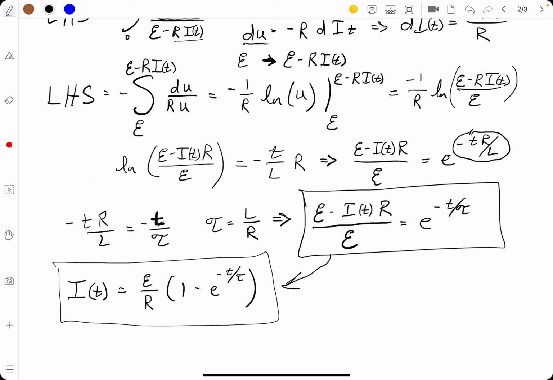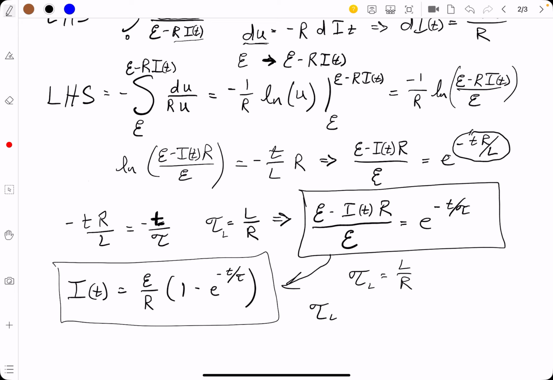And what do you think tau is? Tau, and I'm going to put tau L here. So tau L is L over R. It is our inductive time constant. And I don't want to say equals.